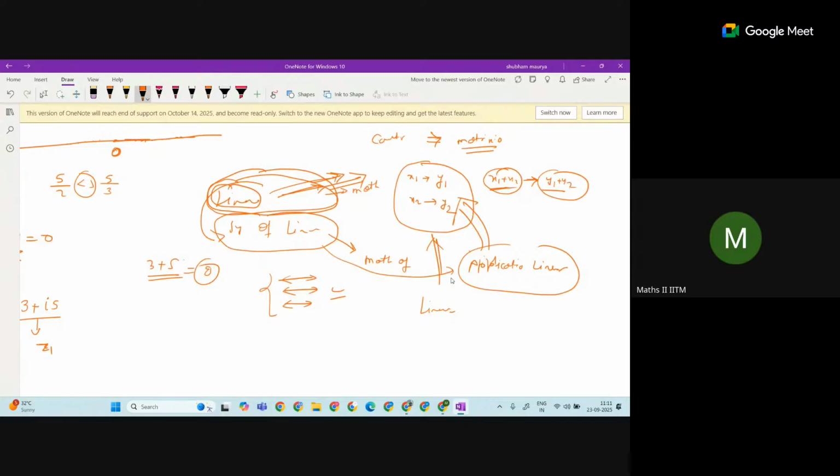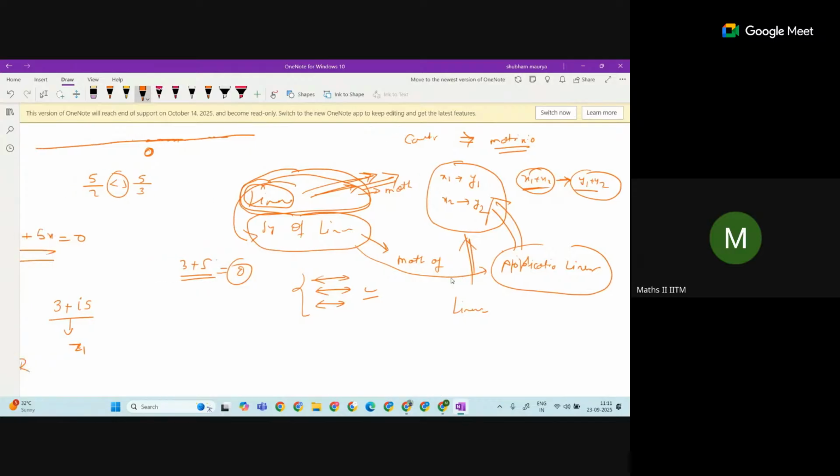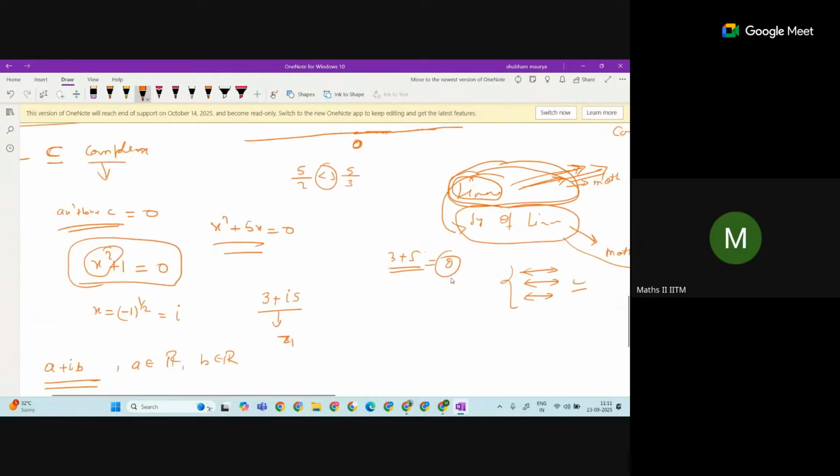So mathematics is the language of science. I think this makes it clear.